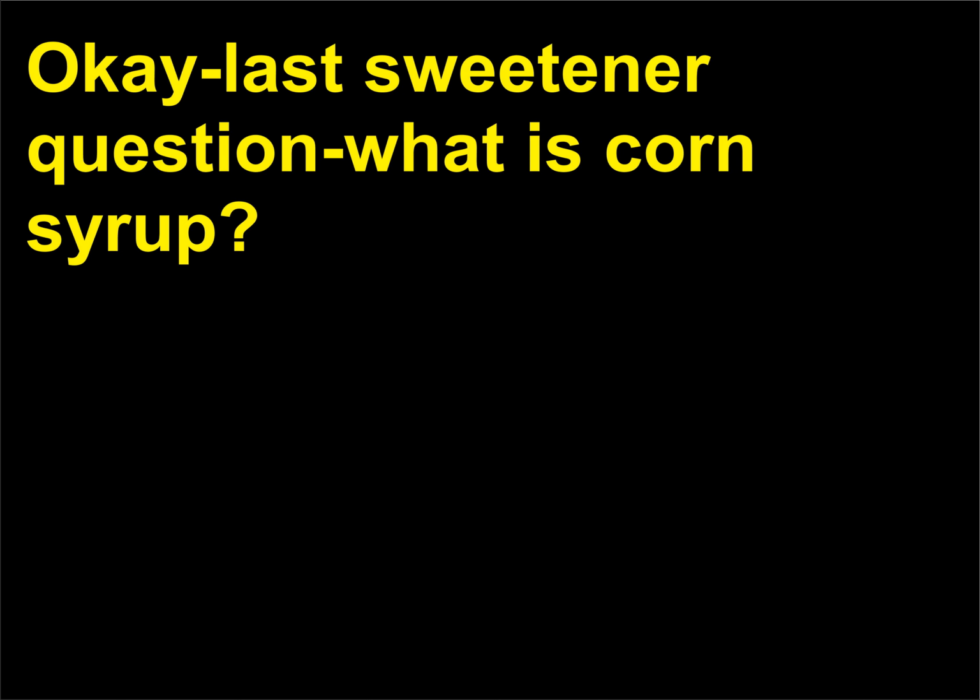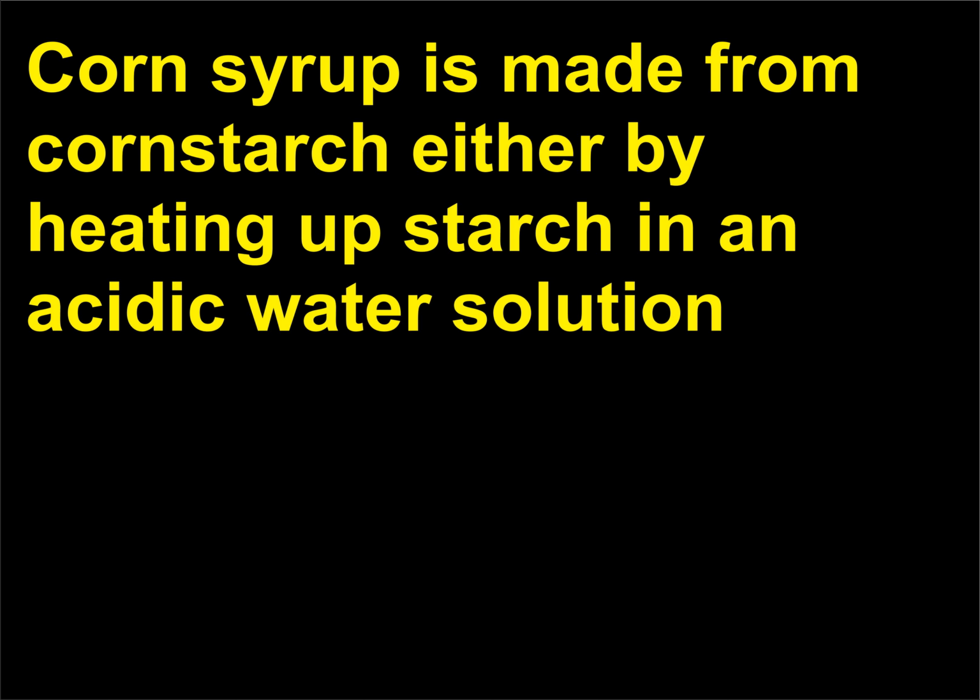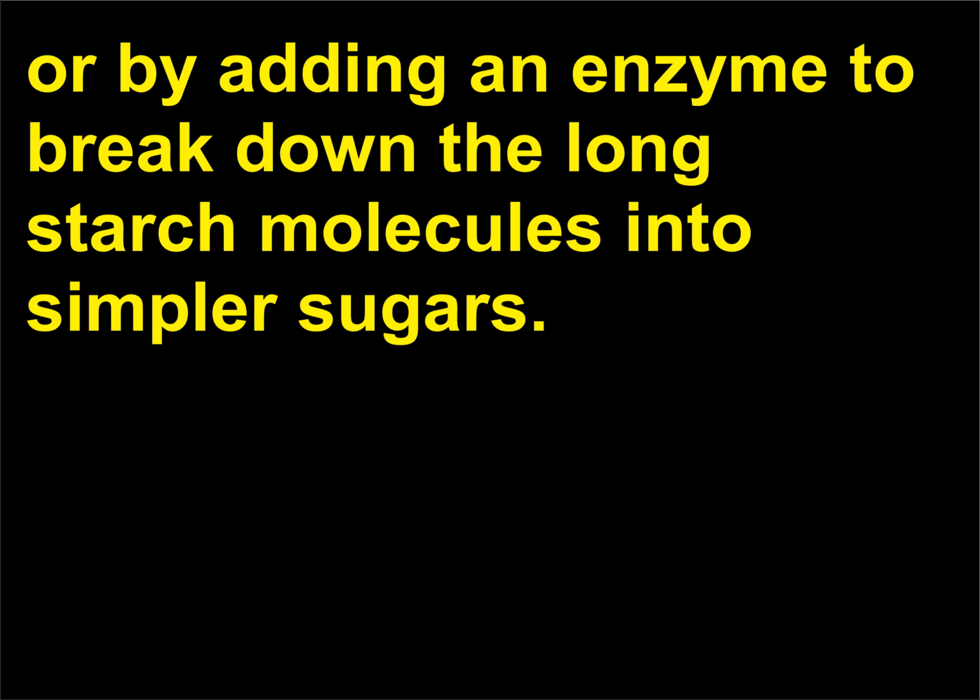Okay, last sweetener question. What is corn syrup? Corn syrup is made from cornstarch either by heating up starch in an acidic water solution, or by adding an enzyme to break down the long starch molecules into simpler sugars.